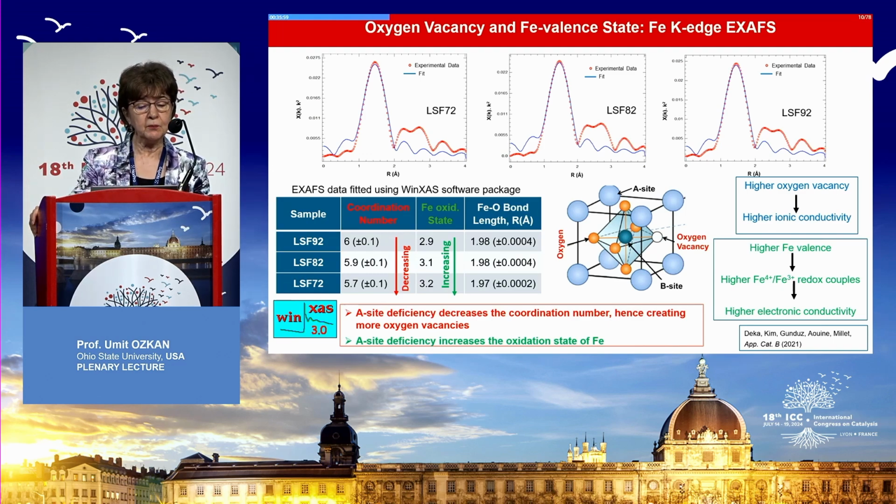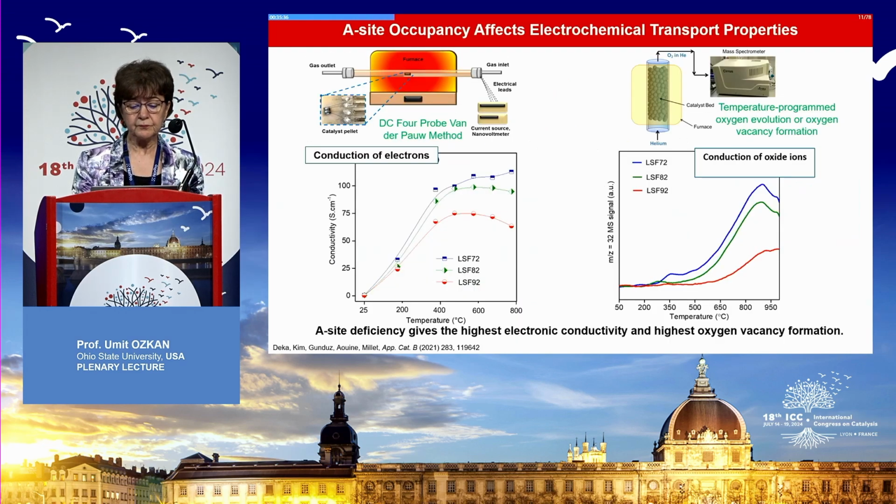That really implies that we are creating more oxygen vacancies, and it will help with higher ionic conductivity. If we look at the iron oxidation state, what we see here is it's increasing as we go from excess to deficient samples, and it really will help with higher electronic conductivity.